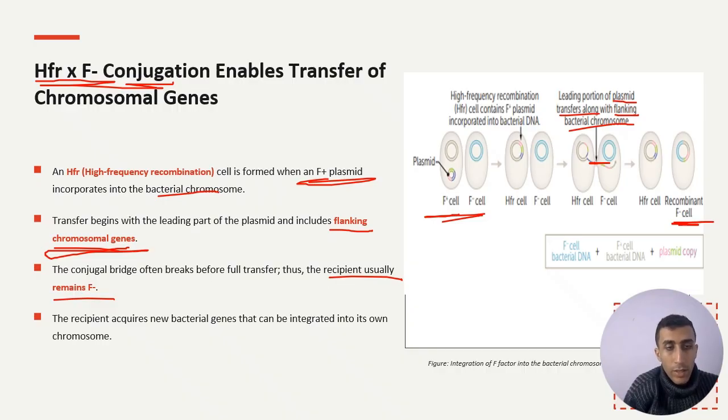So these are the two main differences between them, and the recipient acquires new bacterial genes that can be integrated into its own genome. So high frequency recombination entails the exchange of chromosomal genes, but usually the F negative bacterium remains F negative after high frequency conjugation.